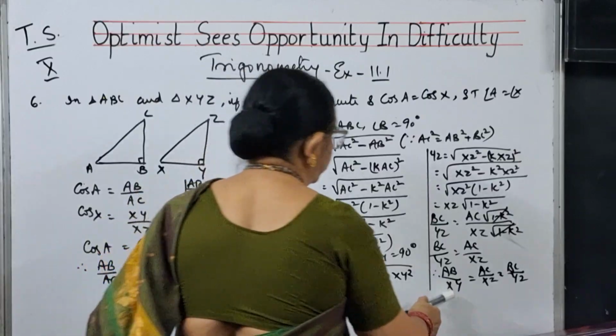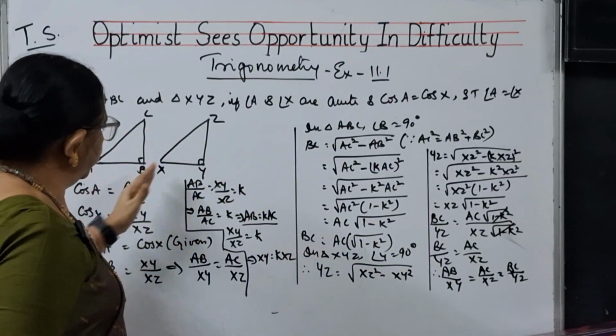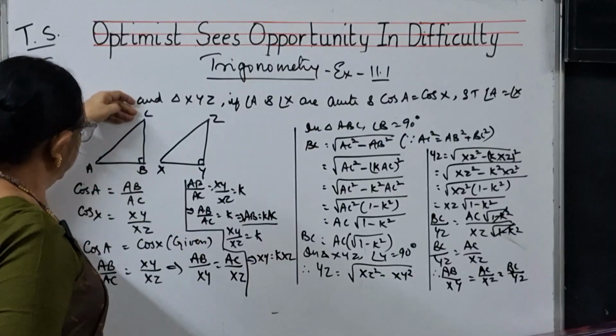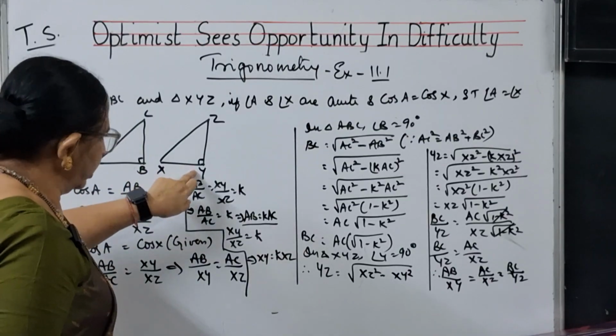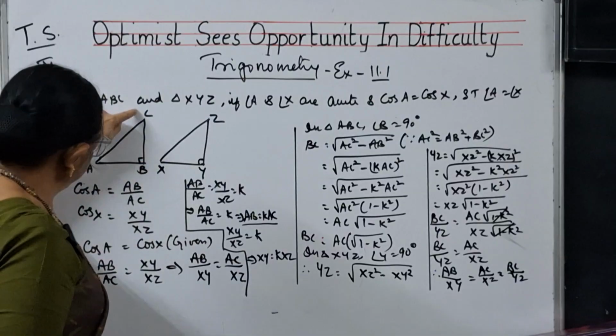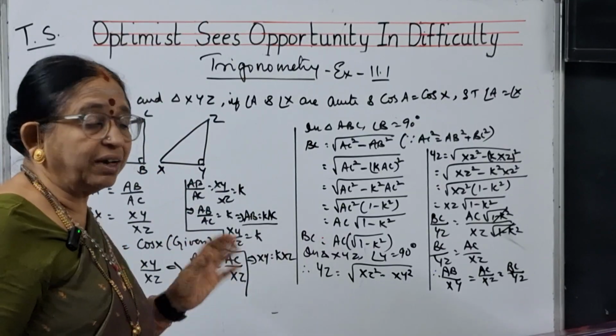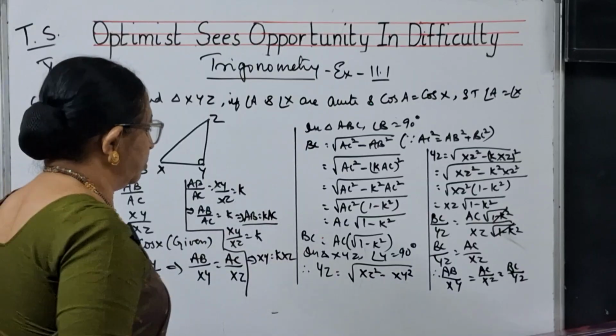That means you have proved in these two triangles that the corresponding sides are proportional. AB by XY is equal to AC by XZ is equal to BC by YZ. We could prove that all the three corresponding sides are proportional.